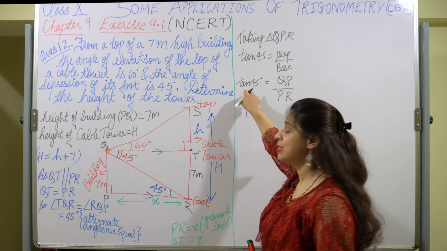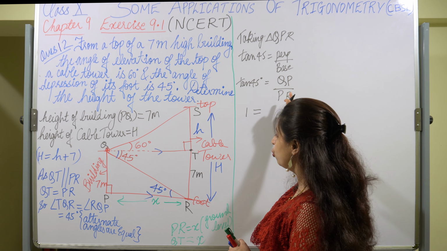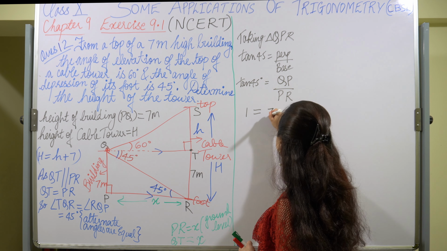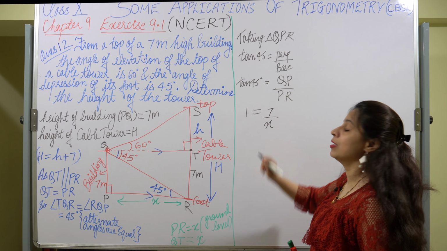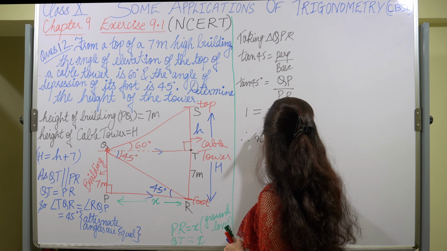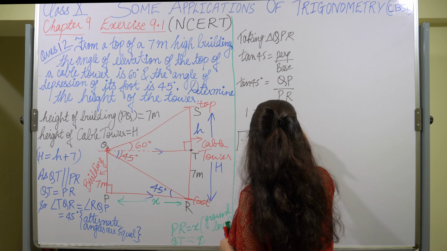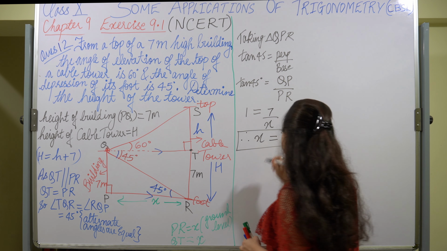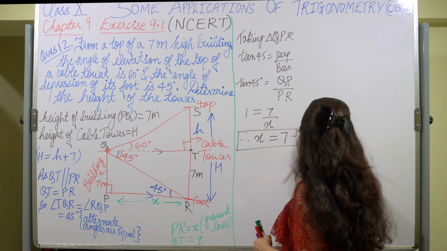The value of tan 45 is 1 according to the table learned in chapter 8. So QP is given to us as 7, the height of the building, and PR we have assumed to be X. Therefore, cross multiplying, X will be equal to 7. So we have got X equal to 7. Let us mark it as equation number 1.